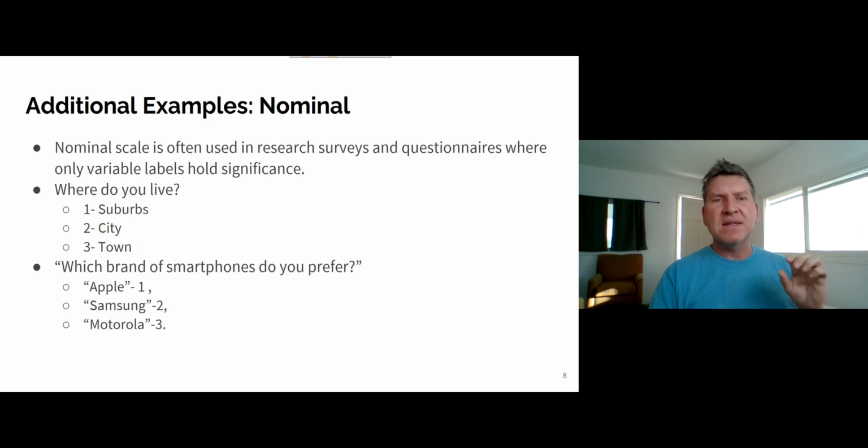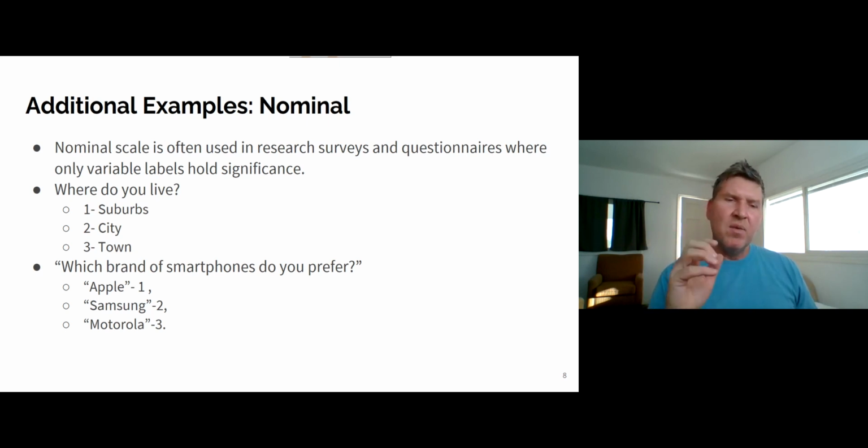We can't assign an interval because it doesn't make sense that the distance between somebody who chooses city versus town is equal to somebody who chooses suburbs versus city. It just doesn't make sense. Also, smartphones, Apple and Samsung versus Samsung and Motorola, there's no ordinal value between the two. It's just a simple choice.